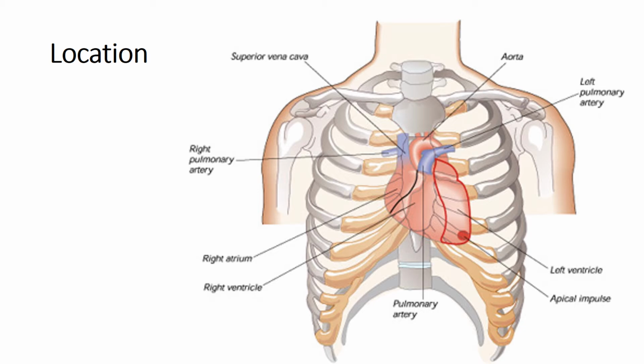Okay, so अगर कोई आपसे पूछता है where is the location of the heart, you have to say that it is located in the mediastinum, in the thoracic cavity, between the two lungs. Anteriorly there is sternum and posteriorly there is spine. So it is a very simple answer.